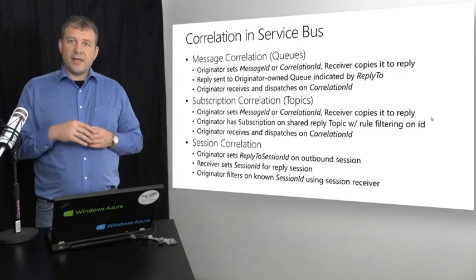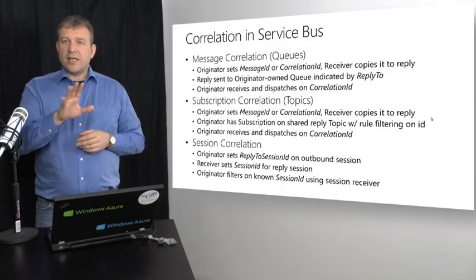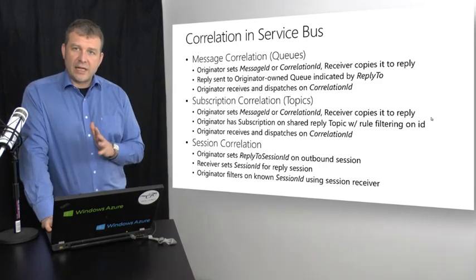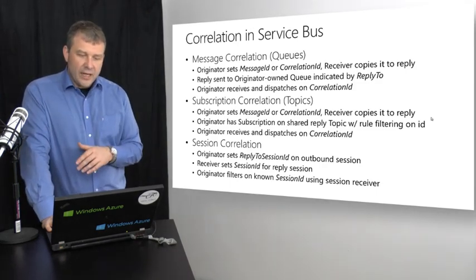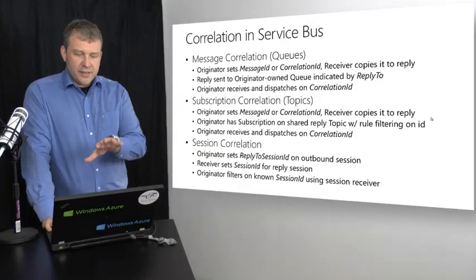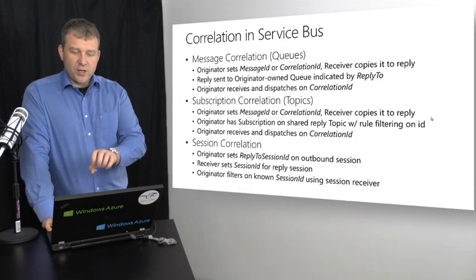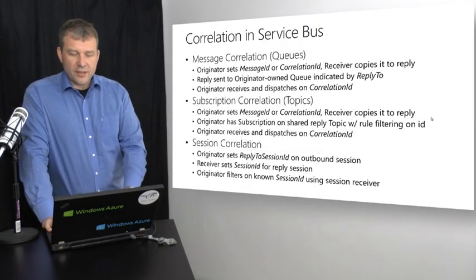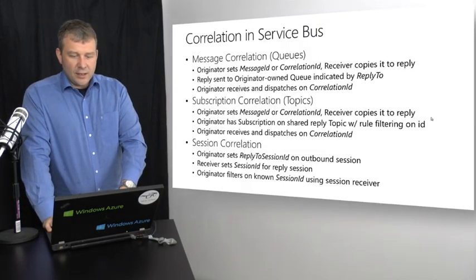It's picking up messages by the session ID, and I'm going to show you an example of that a little later. So there are multiple ways of getting that correlation work done: one is just using the queues, another is using topics and rules, and the other is using sessions. We're going to take a look at the session model in a little while.